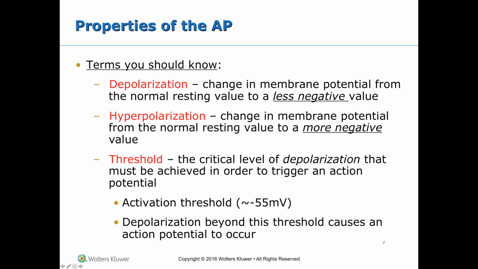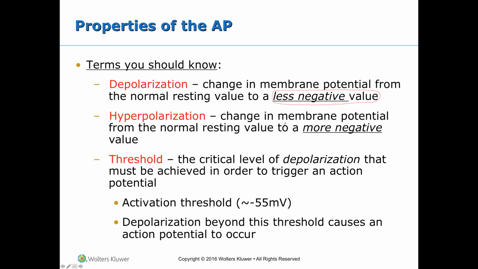So, terms that you should be familiar with when you're looking at the action potential. Depolarization is a change in the membrane potential from normal resting value to a less negative value. Whether you interpret that as less negative or more positive is up to you. Usually, if you're already in the negatives, it makes more sense to think about it as a less negative value.